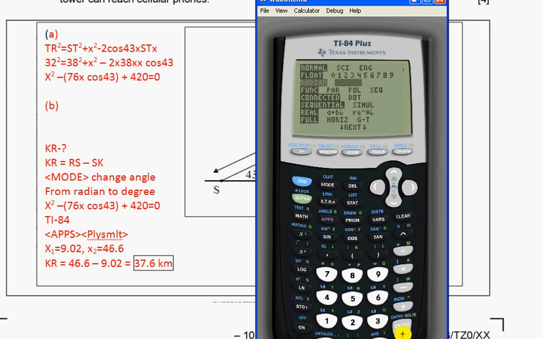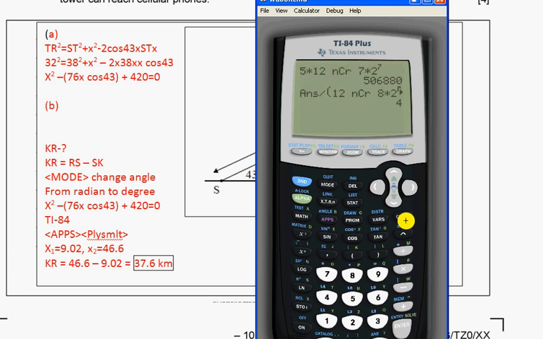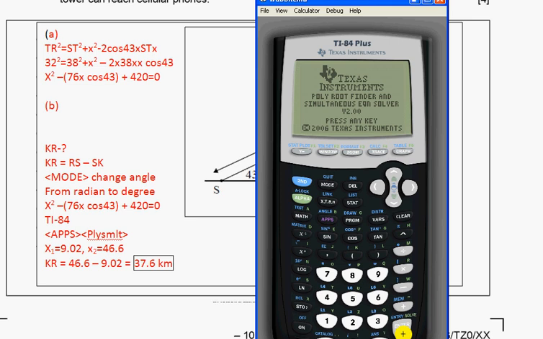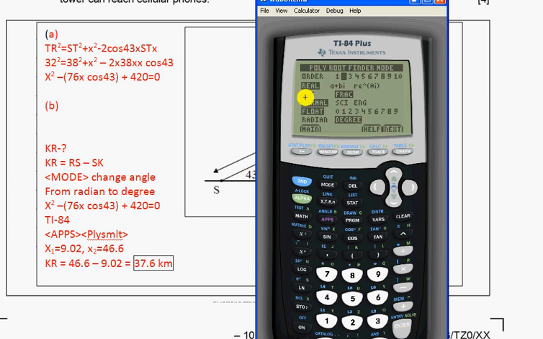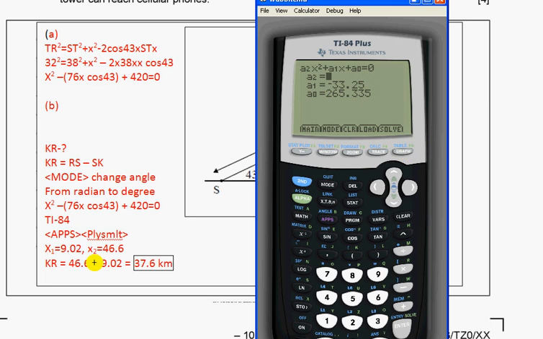Now I should solve this equation and find two solutions. So I press apps. Again, polynomial here, line 3. Enter. Enter. Quadratic equation with real answers. So we go to next. So let's put a1 is 1, a2 should be x.